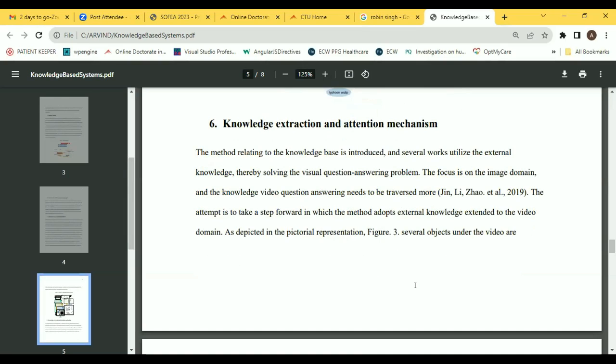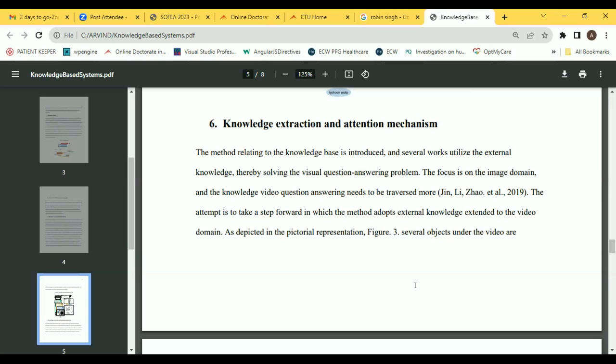Here the focus would be on the image domain and then question on the knowledge video, thereby answering which has to be traversed more.